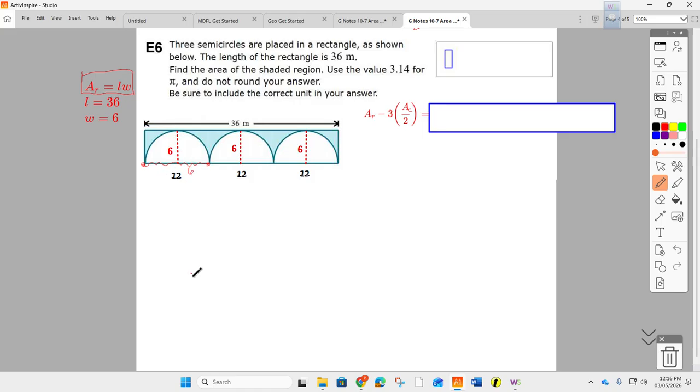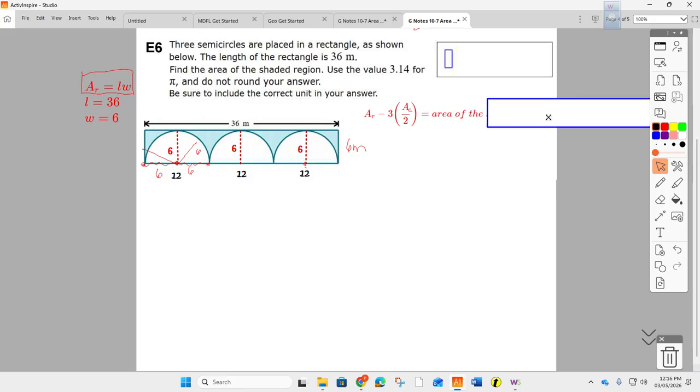All right? So if this is 6, this is 6, any point from there to there is 6, right? So this would be the same length as a point from here to here. It's just half of 12. So the area of the rectangle minus the area of 3 semicircles is equal to the area of the shaded region.